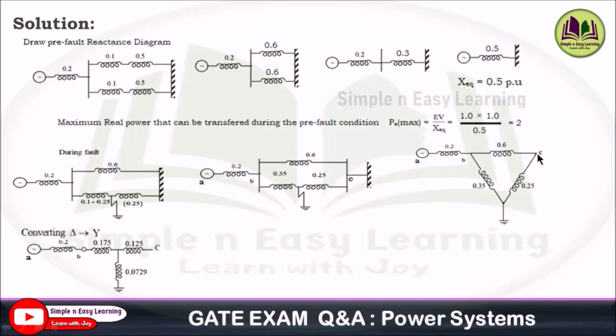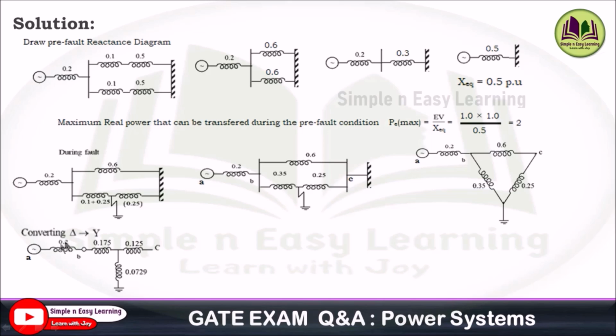Similarly, at point C, 0.6 into 0.25 divided by the sum of all three reactances, which becomes 0.125. Similarly, at this point, 0.35 into 0.25 divided by the sum of all three reactances gives 0.0729. So the delta is converted into star.